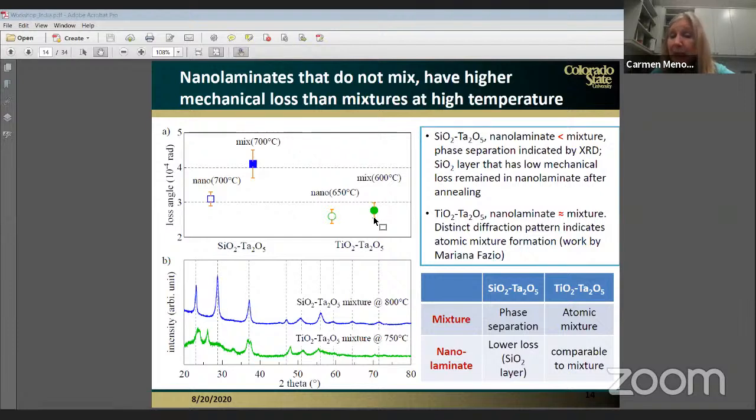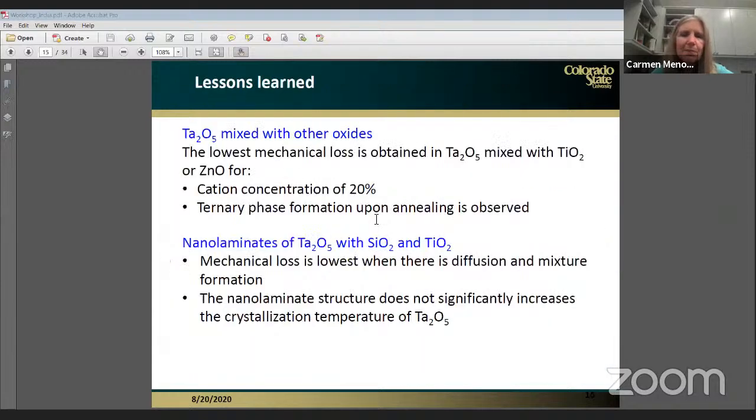Remember, these materials are amorphous when we grow them, so they don't have a long scale range as crystal material.